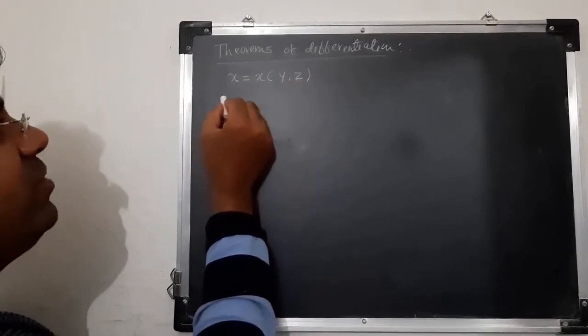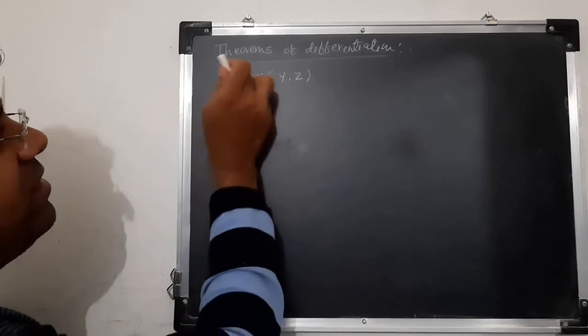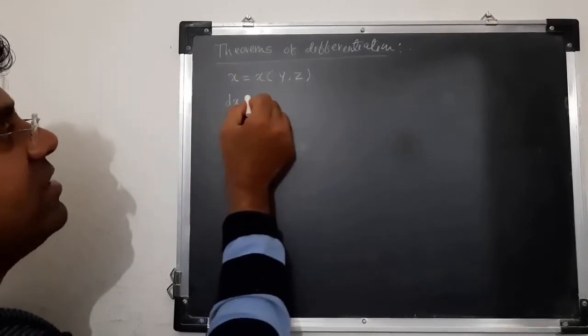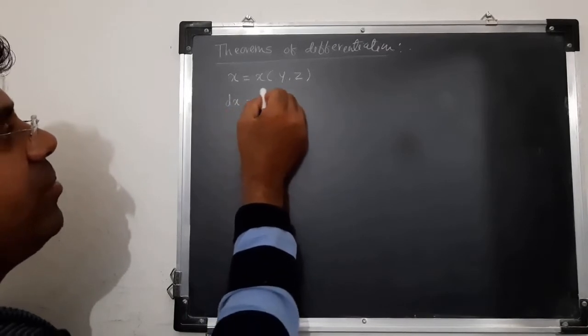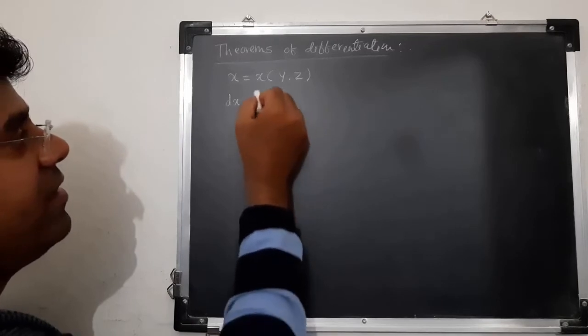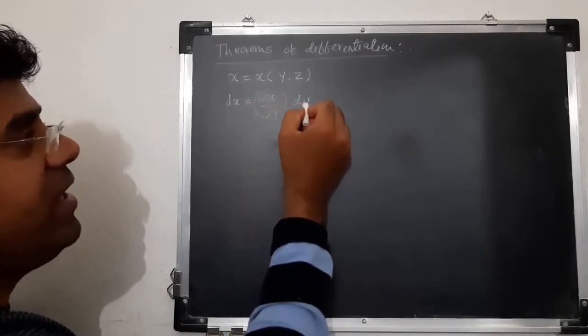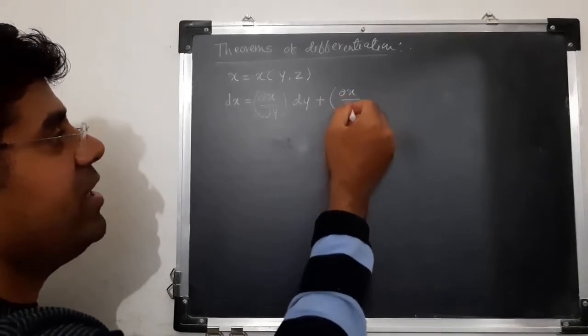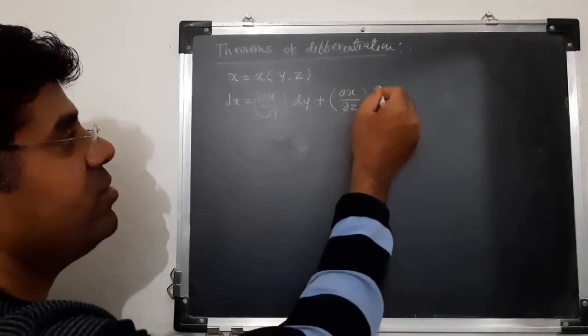Then I can find out the total differentiation of x. So this is nothing but delta x by delta y into dy plus delta x by delta z into dz.